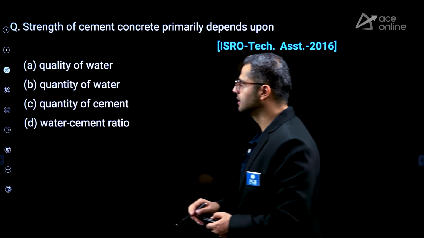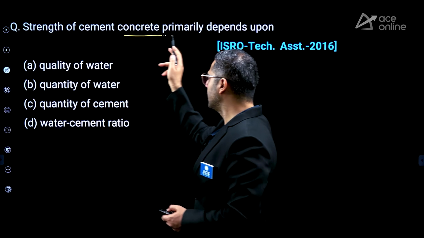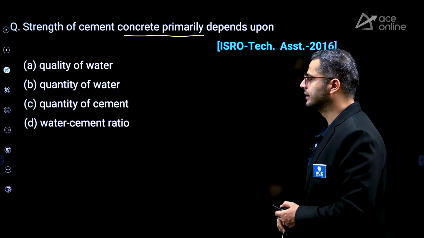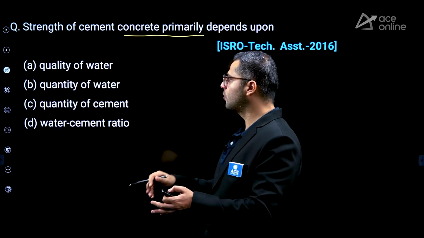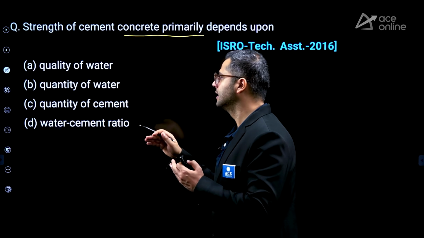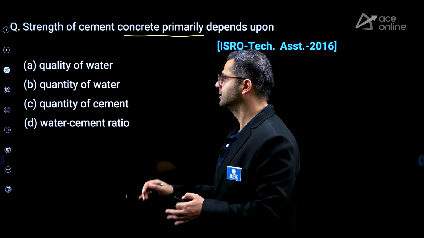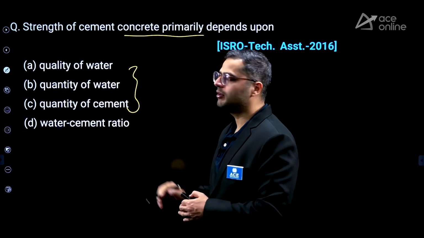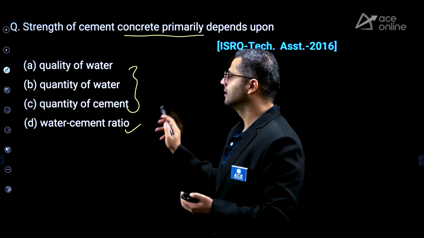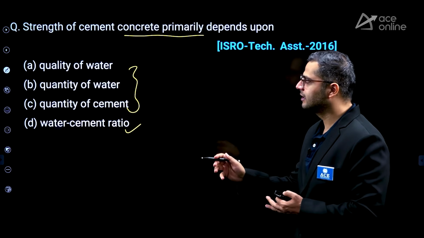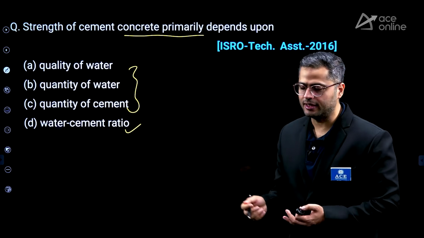Next one is the strength of cement concrete primarily depends upon. So strength of cement concrete, is it dependent upon quality of water, quantity of water, quantity of cement? See, all of them are individually influencing it, but quality of water does matter.